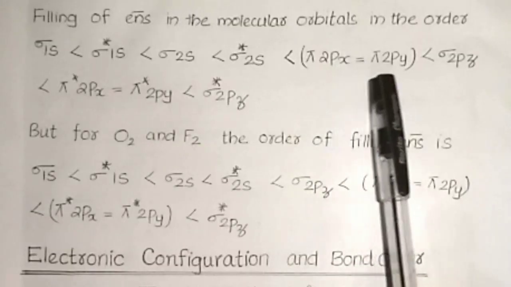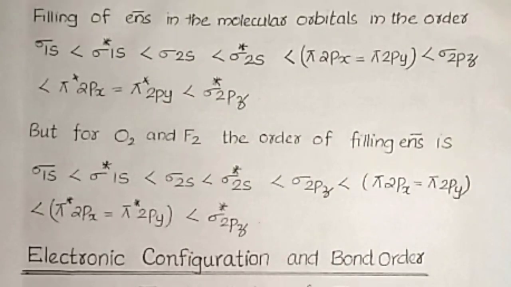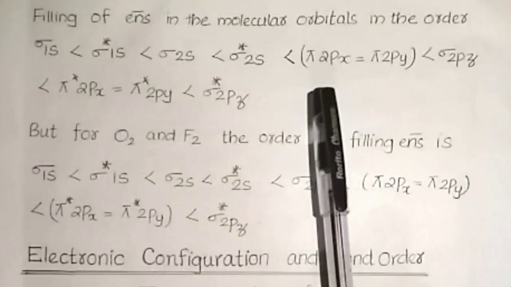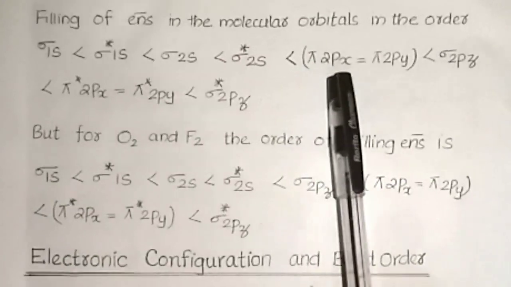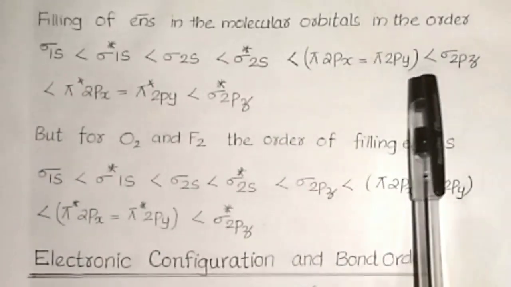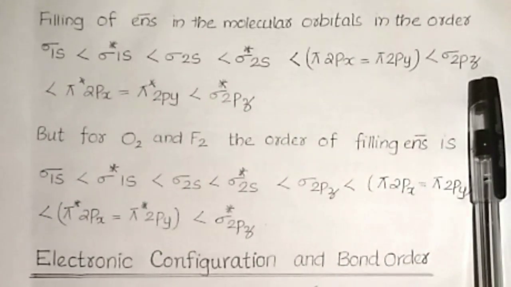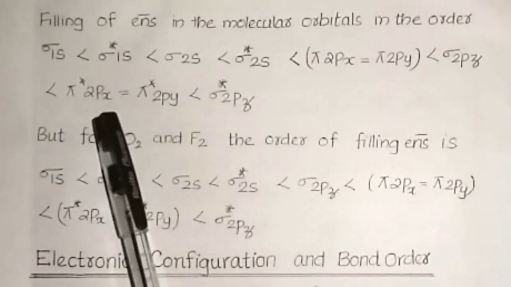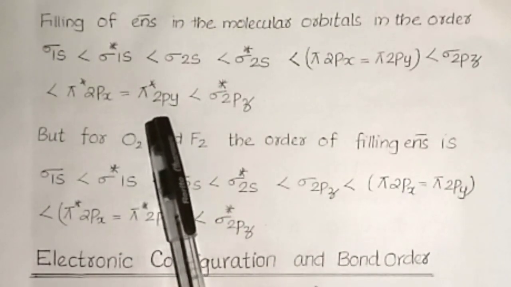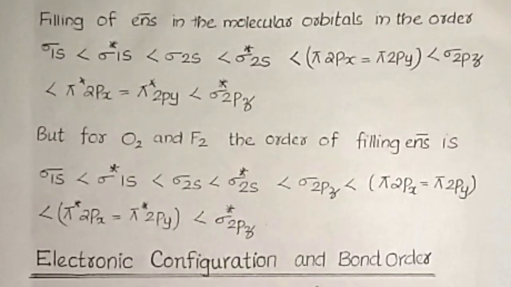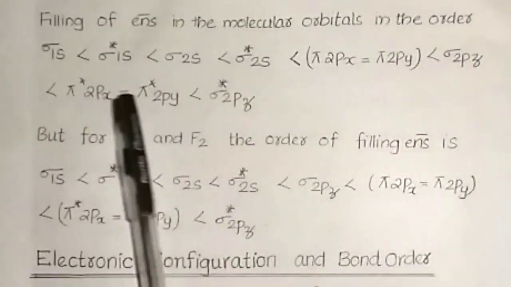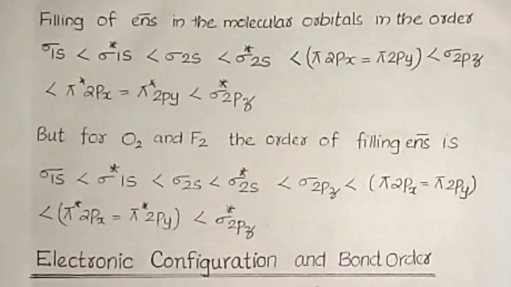The 2px and 2py have the same energy, formed by sidewise overlapping. This is less than sigma 2pz, less than pi star 2px equals pi star 2py, less than sigma star 2pz. So, this is the increasing order of filling of electrons in the molecular orbitals.